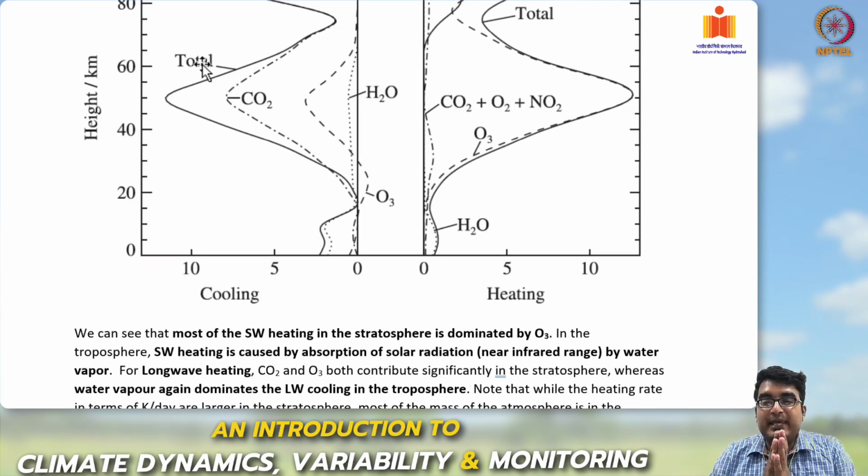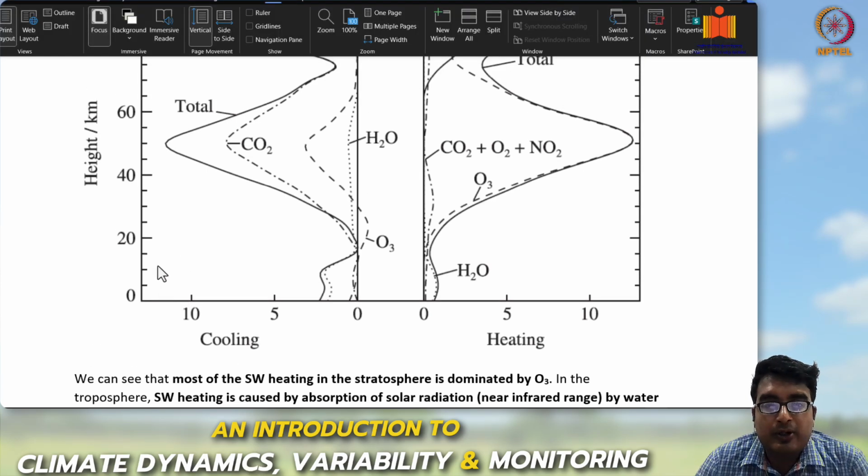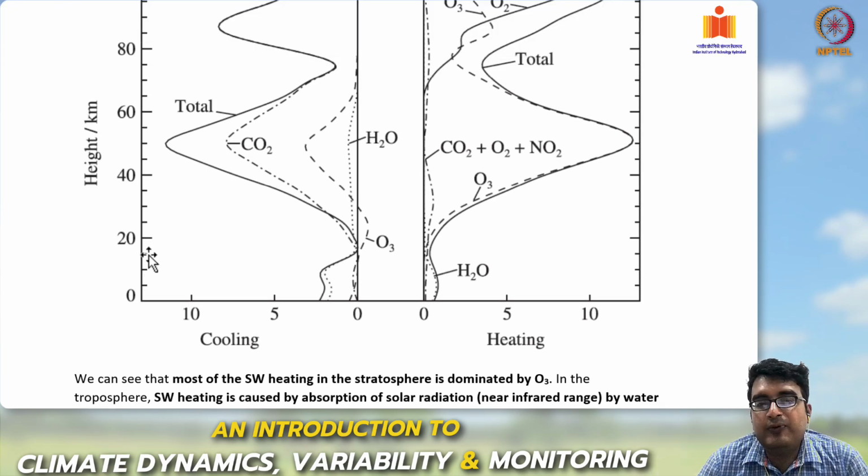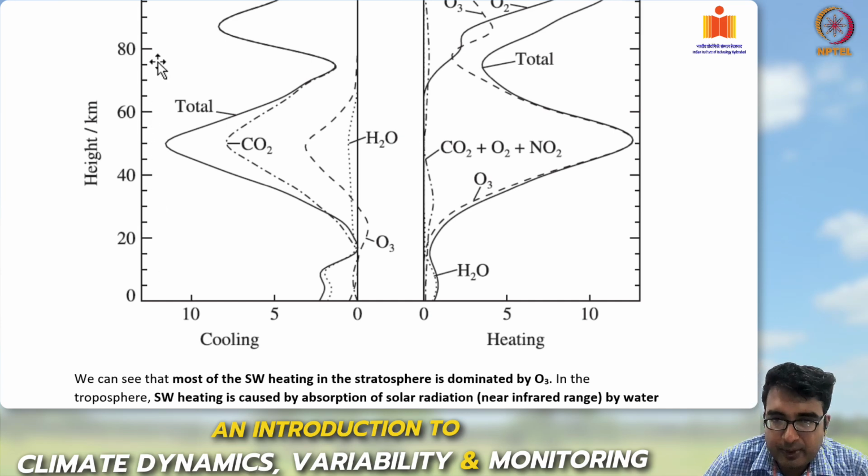Now here is something that you need to understand. Typically 0 to 15 km is the troposphere, then 15 to 60 is the stratosphere, and over that is the mesosphere and everything. If you look at the kelvins per day values, it seems that the stratospheric values are much larger.